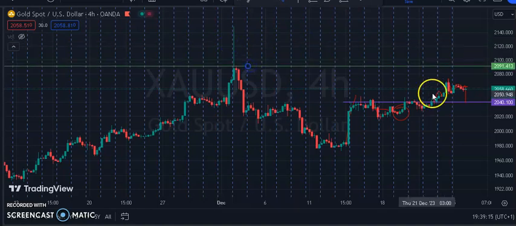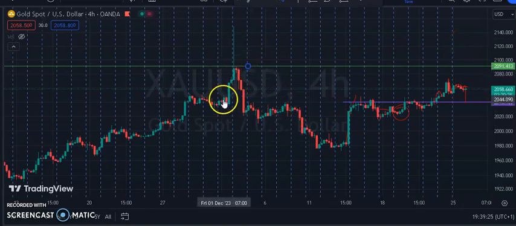This area, I'll be looking at 2091, even though maybe price will go above that price.